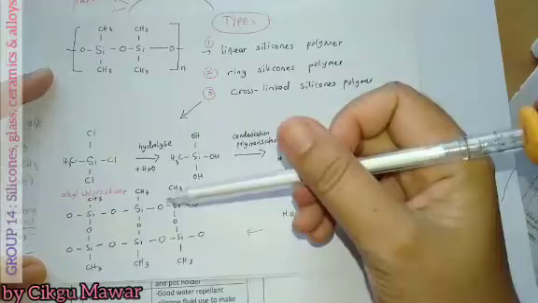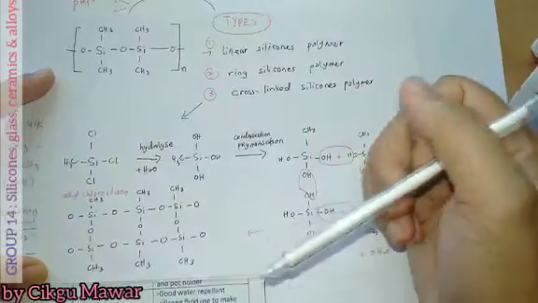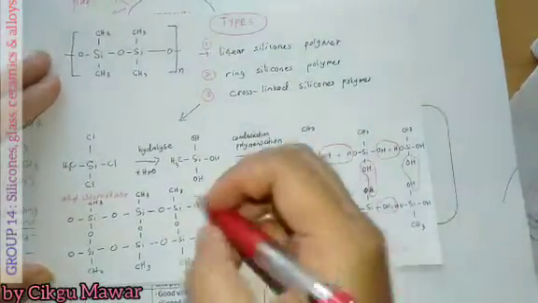What is the advantage of this cross-link silicone?